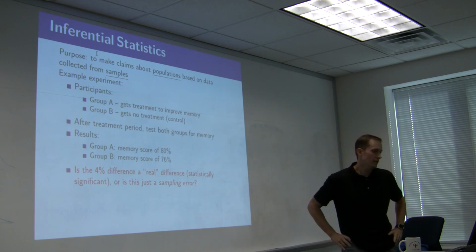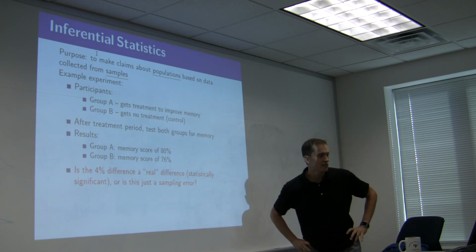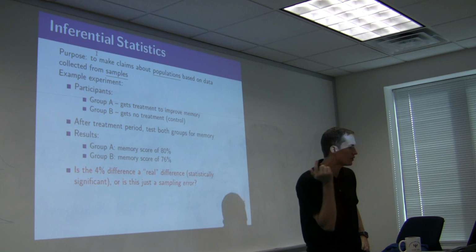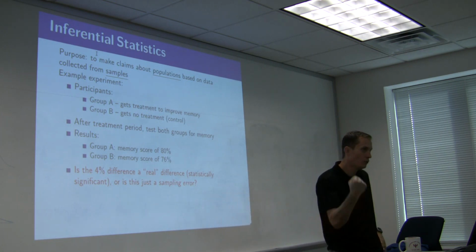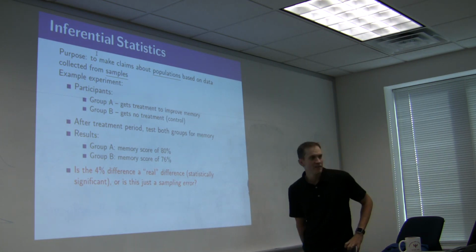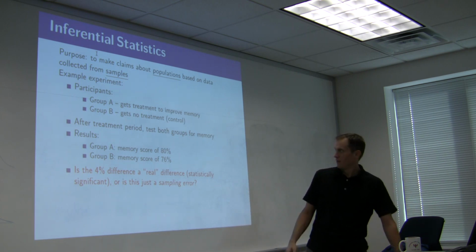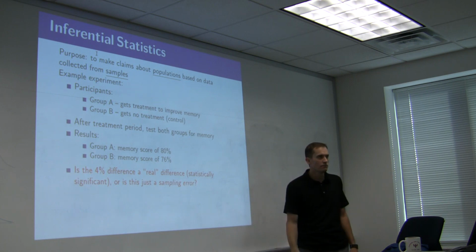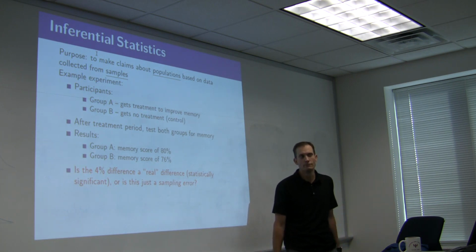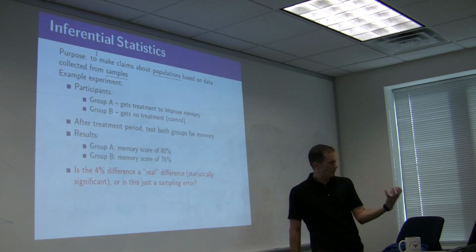After the treatment period, both groups get tested on a memory test, and you find out the following. You find out that Group A gets a memory score of 80%. Woohoo! Group B gets a memory score of 76%. Woohoo! So here's the question. Group A improved by 4 points. So what? Is that a real difference?